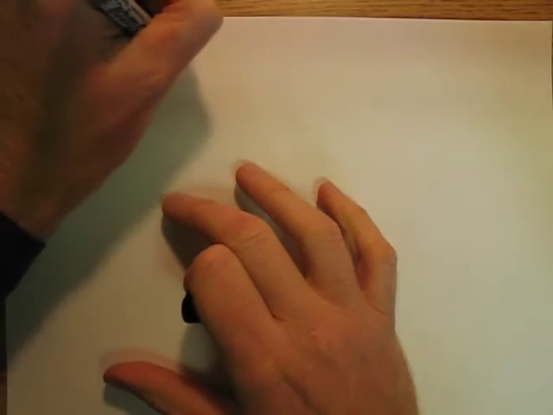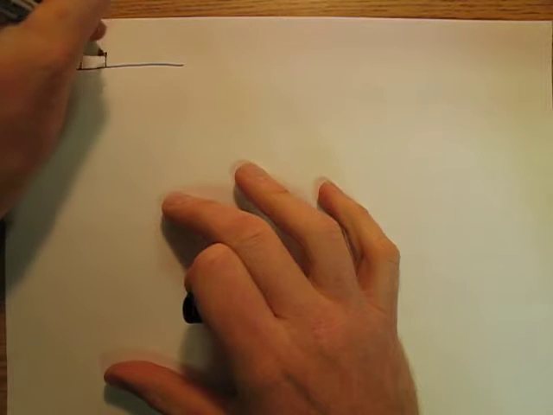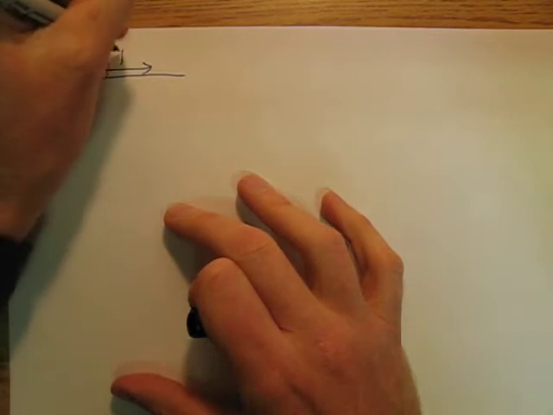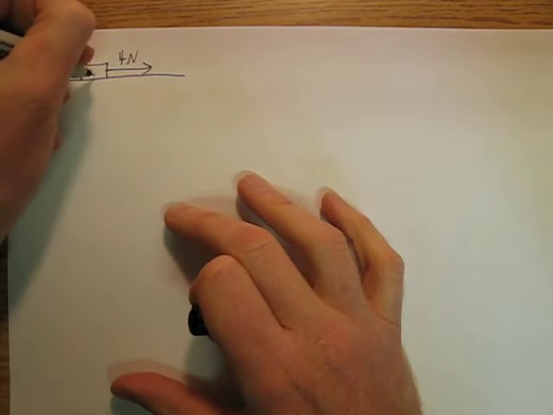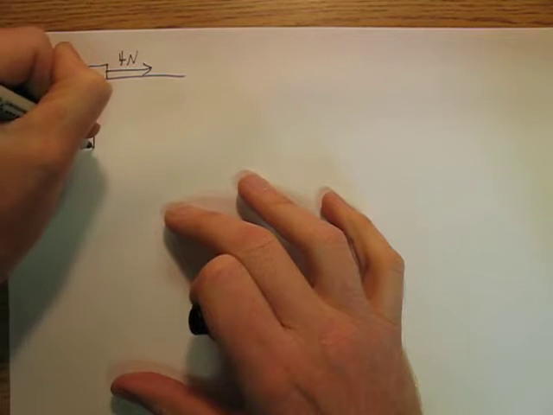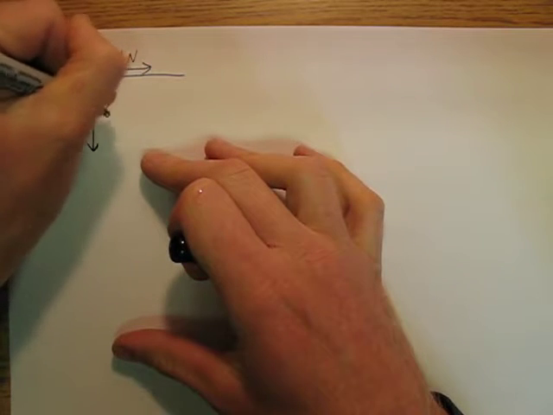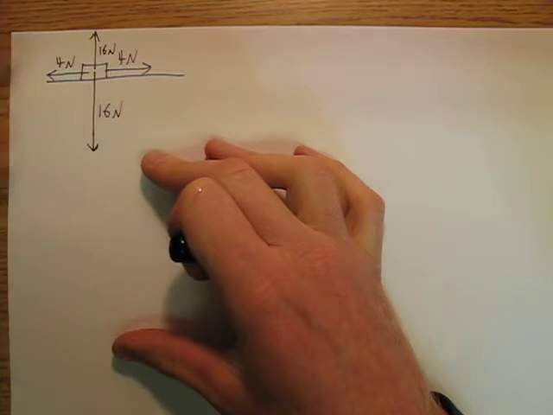Okay, so you'll remember a few videos back, I took a brick and slid it across with a force of 4 newtons, which meant that friction pulls back the other way with 4 newtons. The brick had a weight of 16 newtons, which meant there's a force normal of 16 newtons.